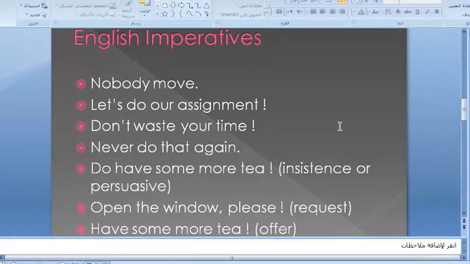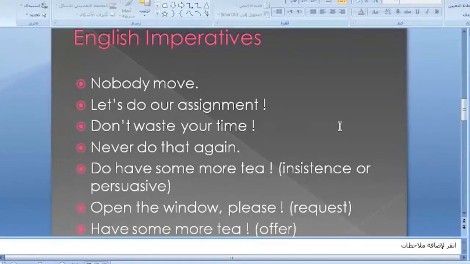Now, let me say something about information structure. Information structure is a term in functional linguistics, which is important. And whenever you see such a term, which is information structure, put into consideration that we are talking about theme and rheme. ما يبدأ به الكلام وكذلك الخبر. Don't waste your time. The theme is don't waste, and the rheme is your time.